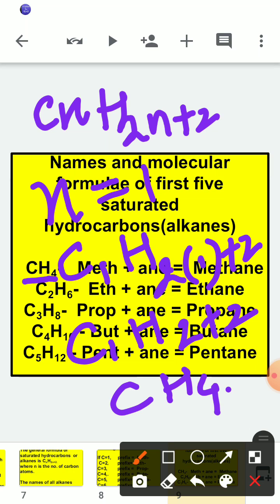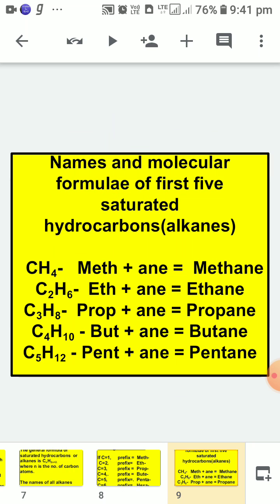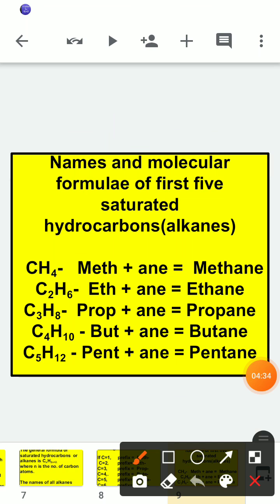In this way, you can put different values like n equals 2, 3, 4, 5, and you can get different alkanes. So the second member is C2H6. We know when carbon atoms are 2, we use the prefix eth, and because it is a member of the alkane group, we put ane as suffix.